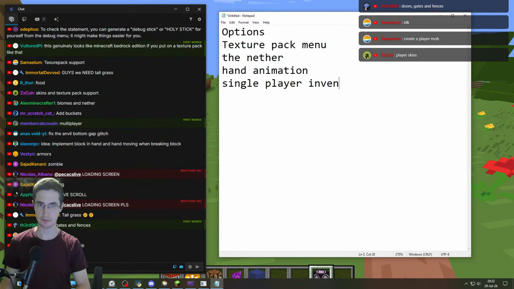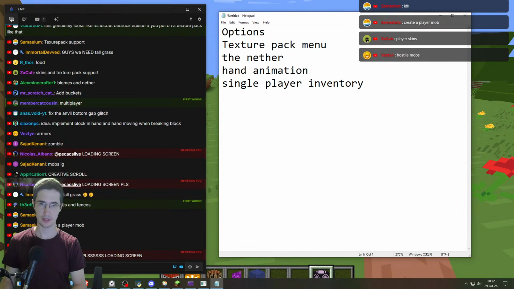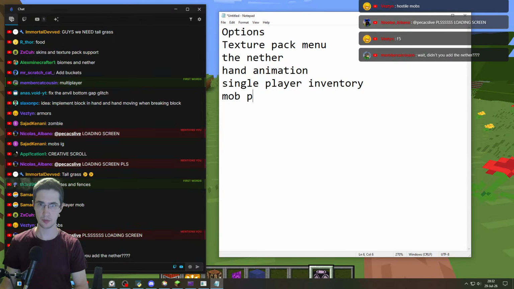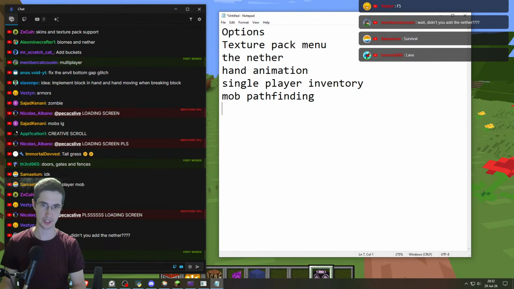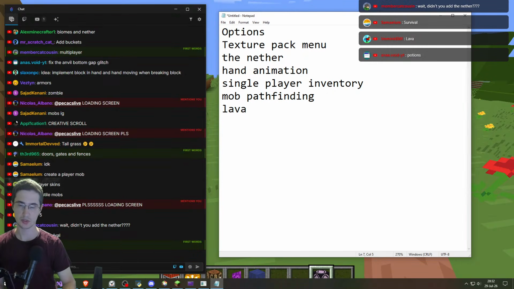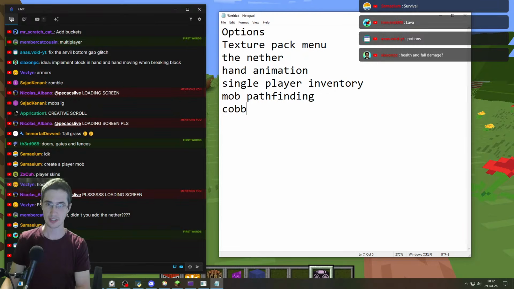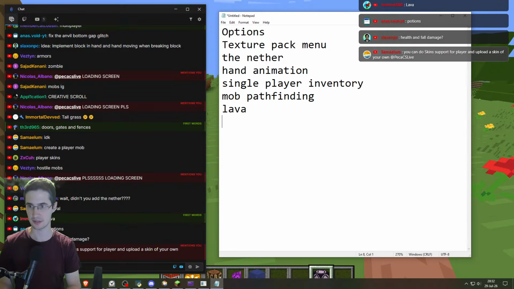Single player inventory. We can do mob pathfinding, so to finish the creeper. Lava, to implement lava, and when we have lava, we'll do a cobblestone generator.